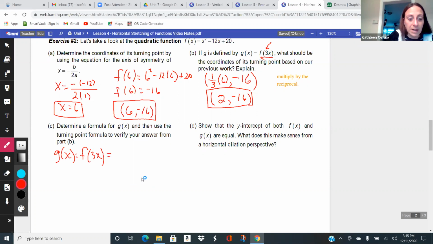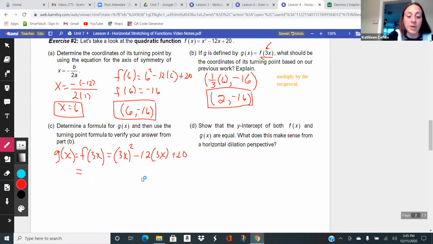That means in my f function, anywhere I see an x, I'm going to replace the x with 3x. Okay, so I have 3x squared. Anywhere I see an x, I'm going to make it a 3x plus 20. And now we're going to simplify.